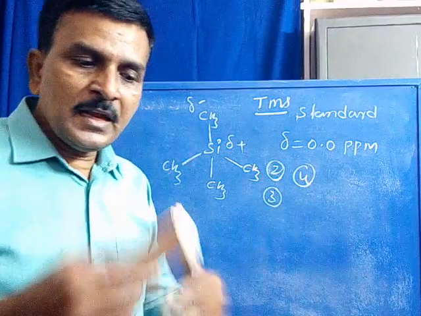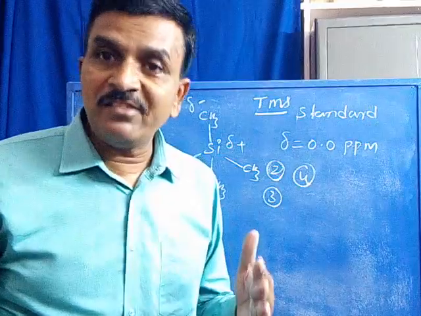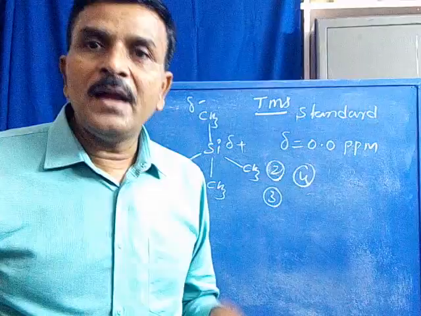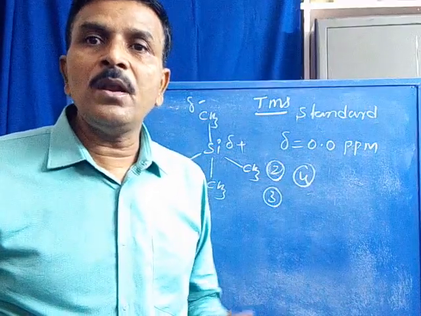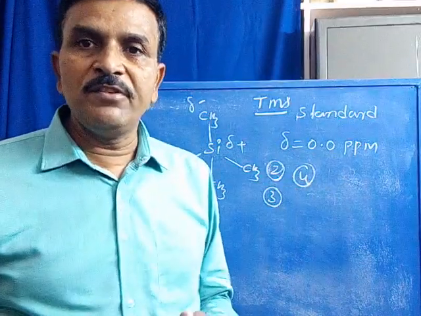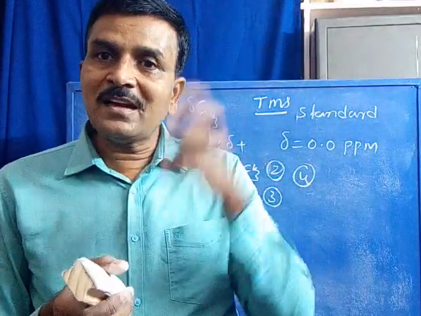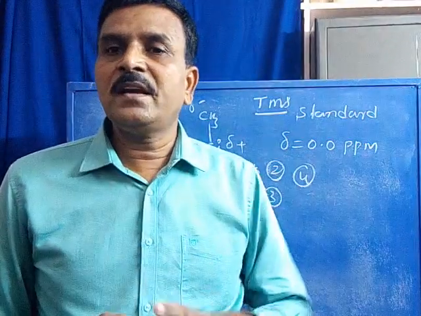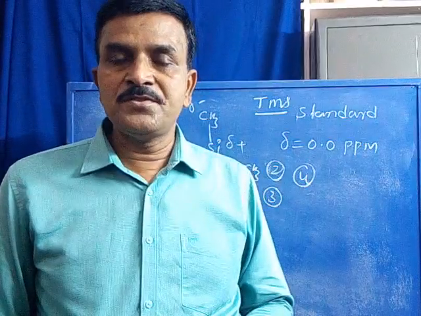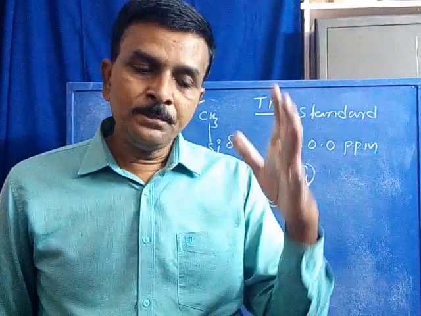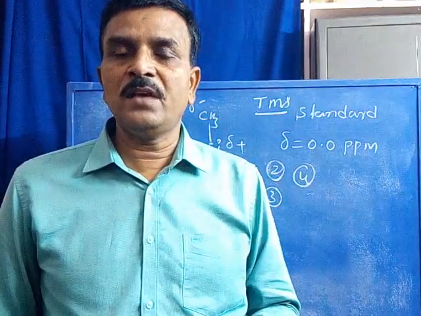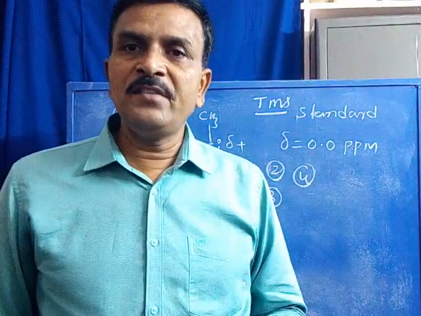In general, NMR spectra are recorded in solution phase by mixing a sample with a standard and a suitable non-protic solvent. The sample is mixed with 1% tetramethylsilane, and some non-protic solvent is added. A non-protic solvent is a solvent that does not contain any hydrogen, and its spectrum is recorded.